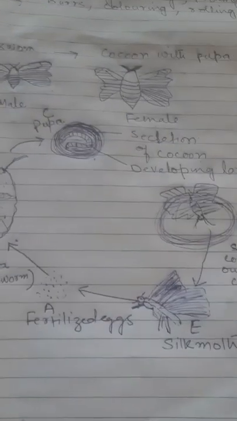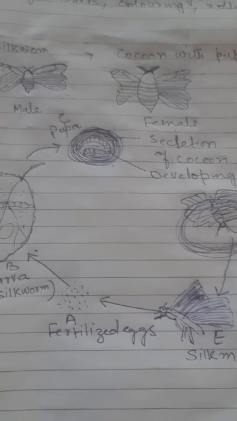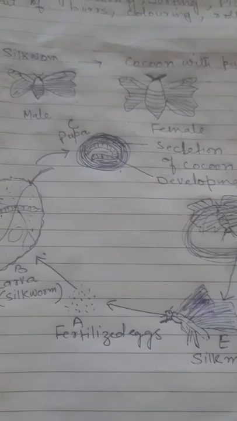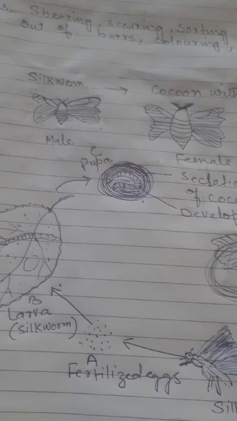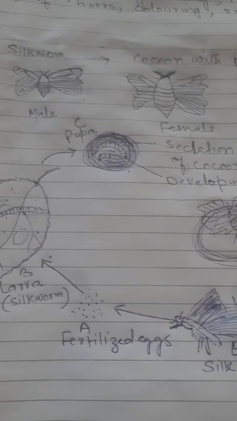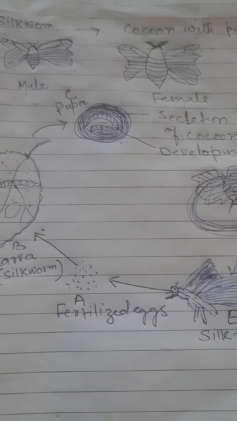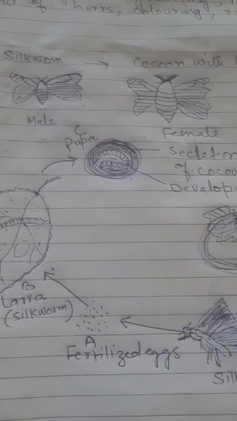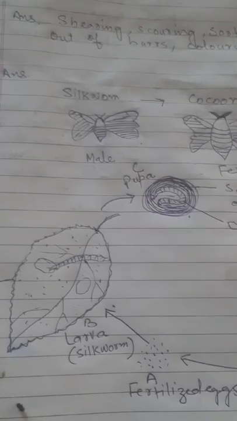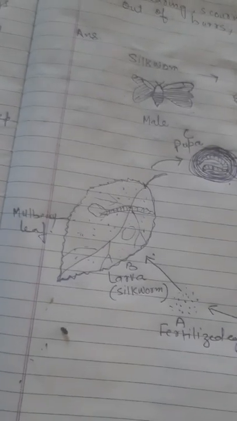This is the stage: first the female moth lays eggs, and from these eggs develop the larva, or the silkworms or caterpillars, which feed on mulberry leaves.